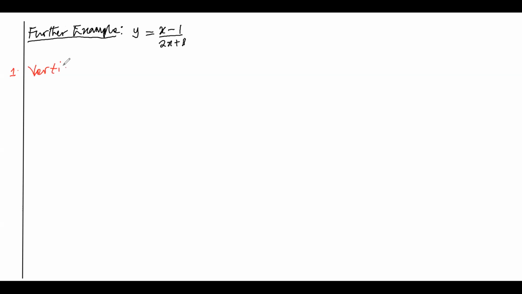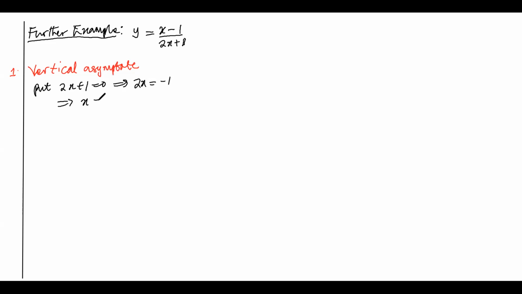So the first question will be about the vertical asymptote. Of course, you don't have to write that when doing your solution. The question will be clear. So if the question is about the vertical asymptote, you know what to do. You just put the denominator to be 0. And that means 2x is equal to -1.